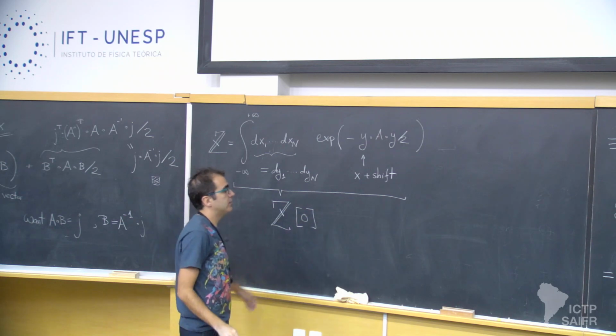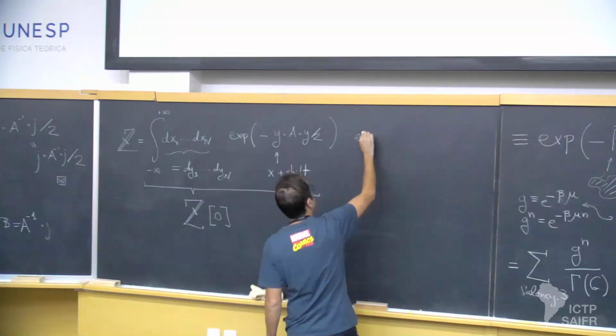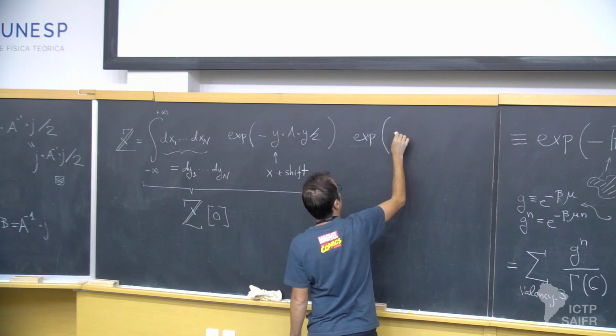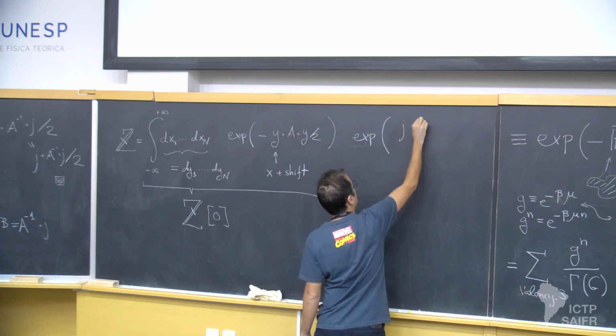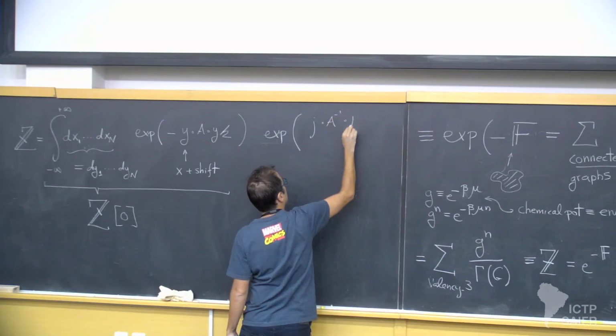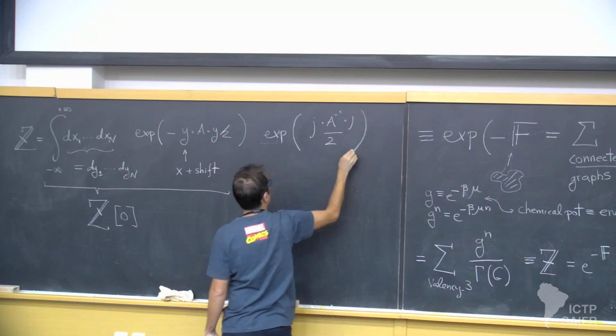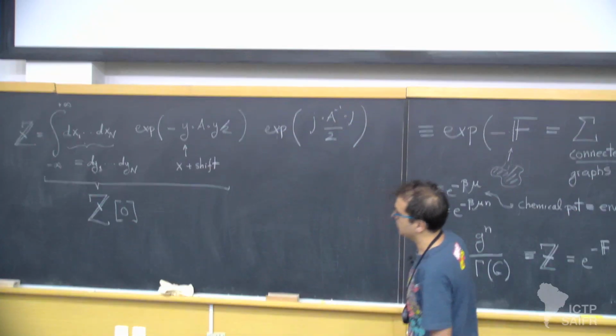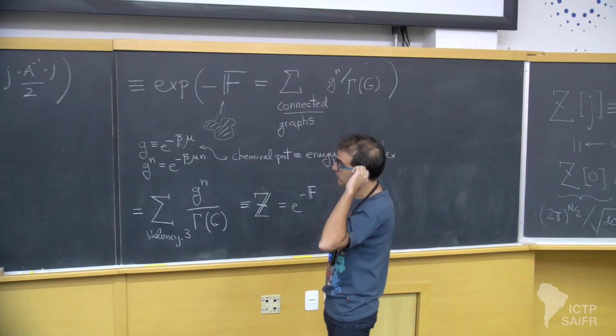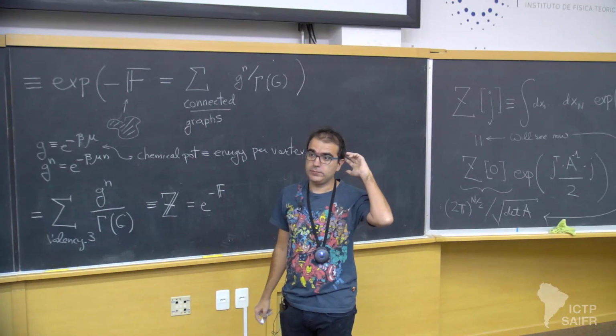And then what remains is exponential of j dot a minus 1 dot j divided by 2. And therefore, we establish the result we want. Z is equal to z without source times this nice exponential.